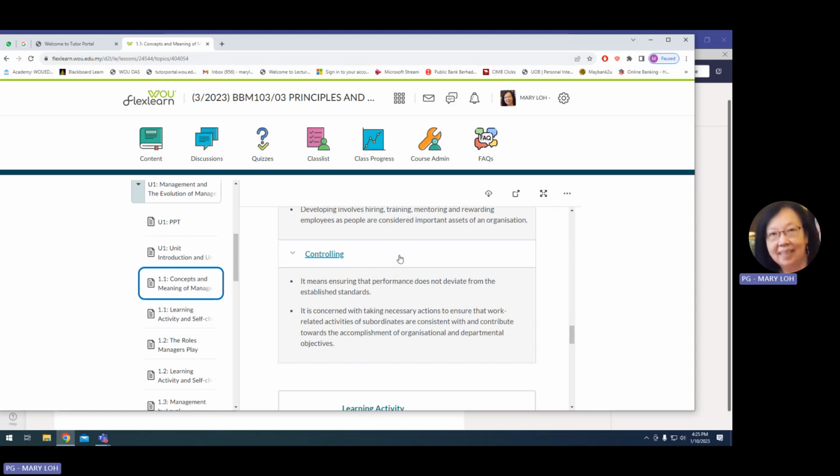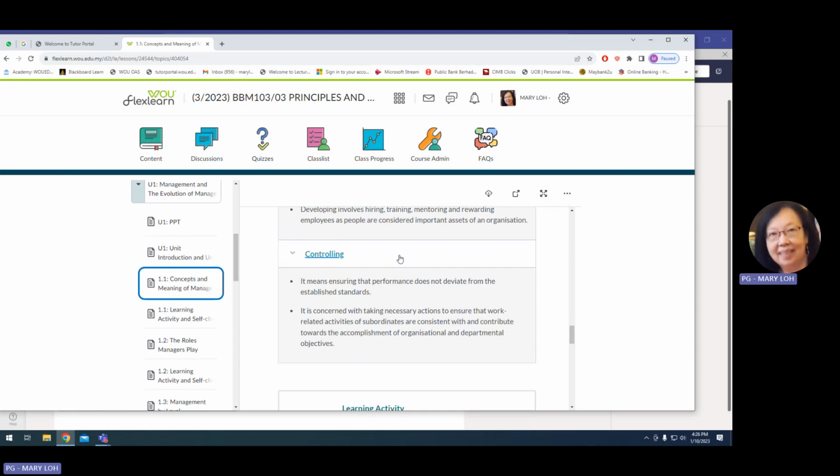So under the function of controlling, the whole idea is that you want to make sure that everyone is performing according to what we call the KPIs, right? Performing according to standards.